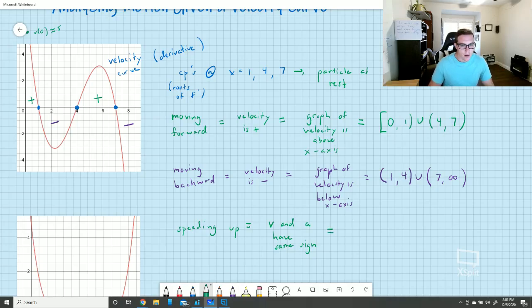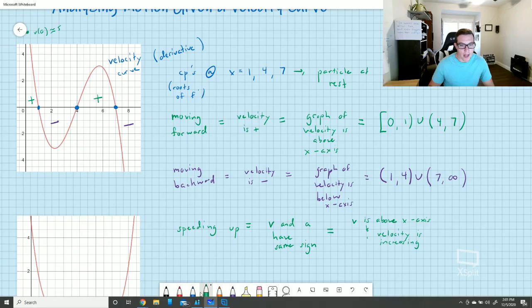That would be where velocity is above the x-axis and acceleration, which is the derivative of velocity, is positive. So let me put it this way. It's where the velocity is increasing.